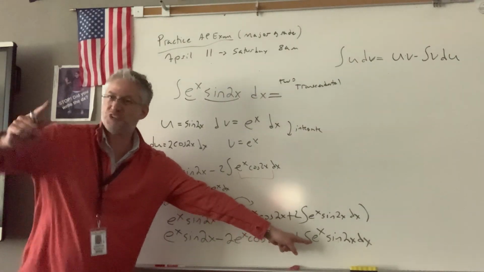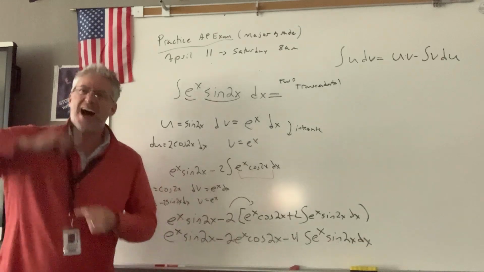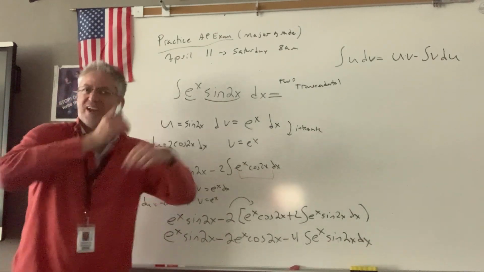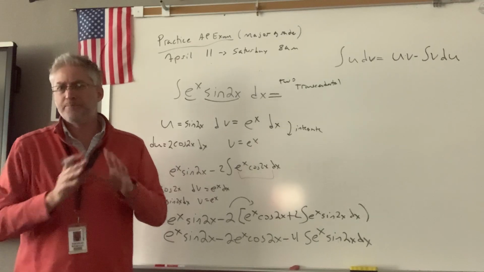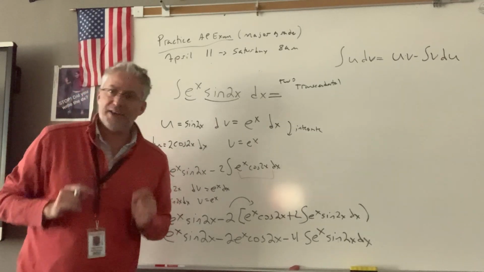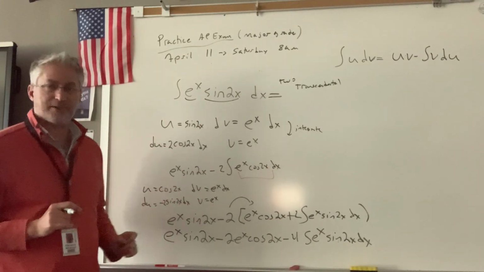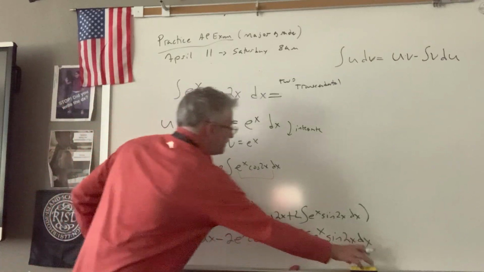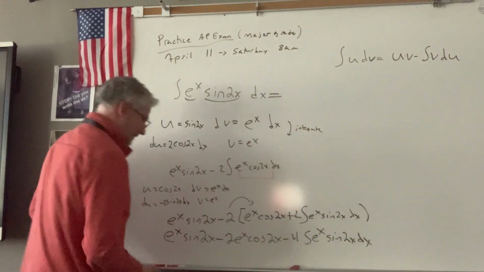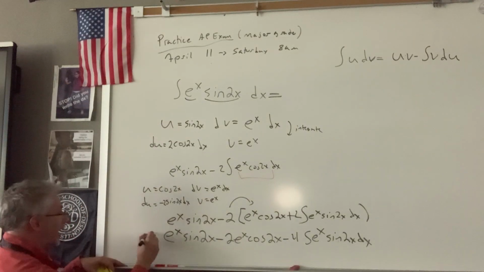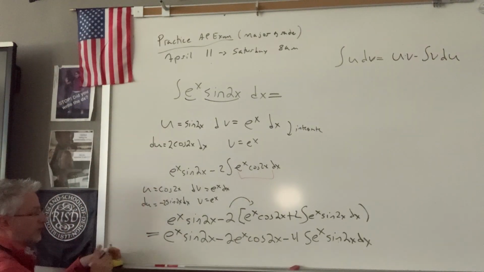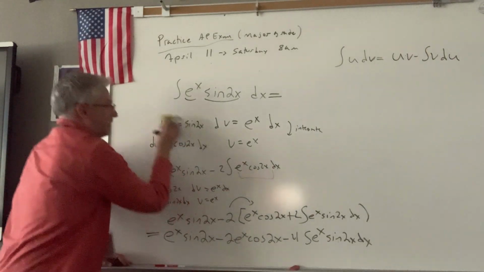If I keep doing this integration by parts, I'm going to get the same thing over and over again. And we want to avoid that. We don't want to do that. That just makes it too tough. But remember, this is my answer. So what I can do is I can now set my new integral here equal to the original. And I've run out of room, so I'm going to erase this a little bit.